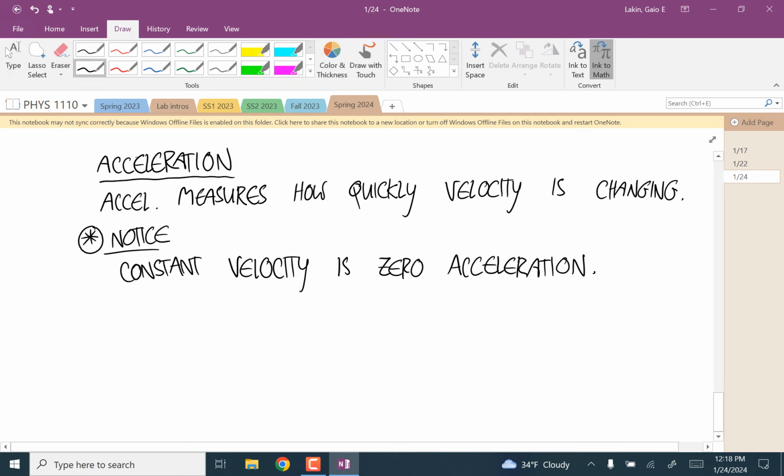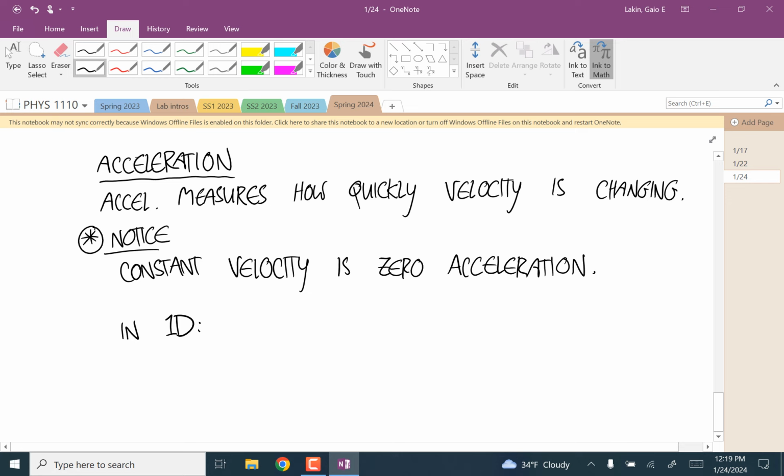Now, there is a difference between what acceleration means in 1D and what it means in 2D and 3D, okay? Right now, we're dealing with 1D, just motion along a line.